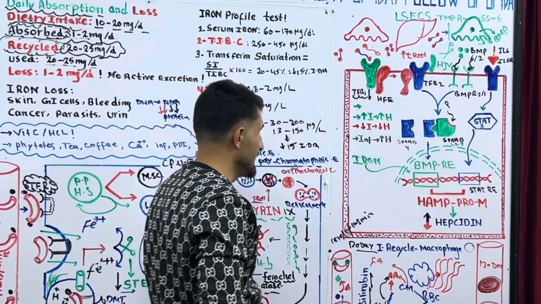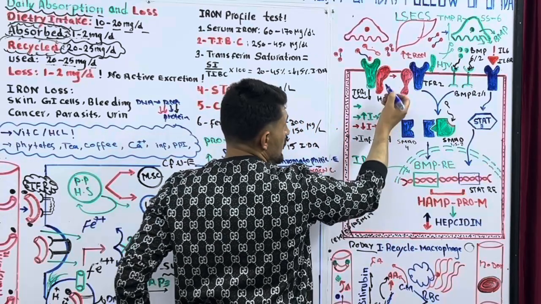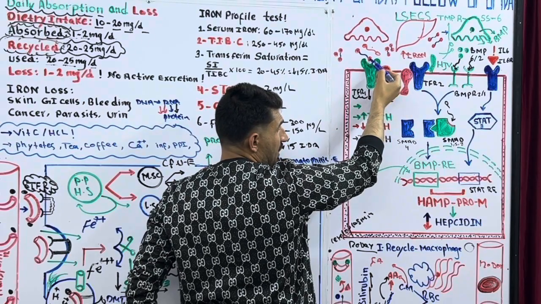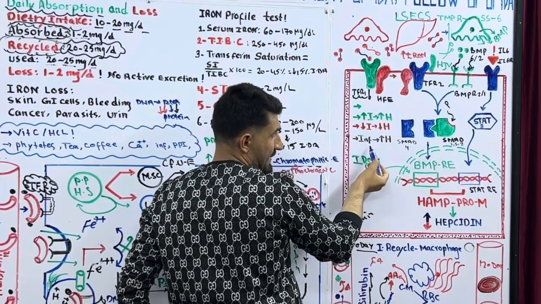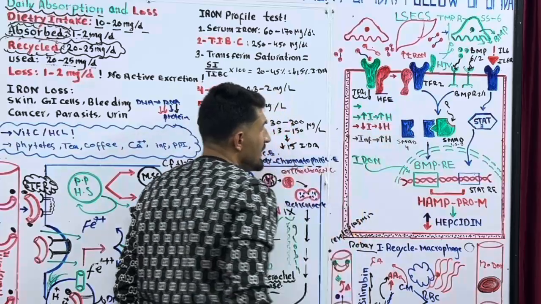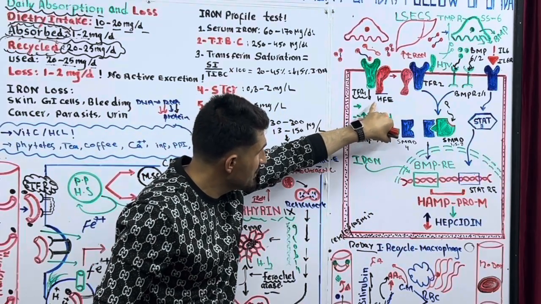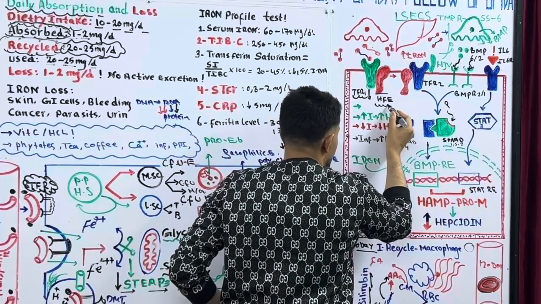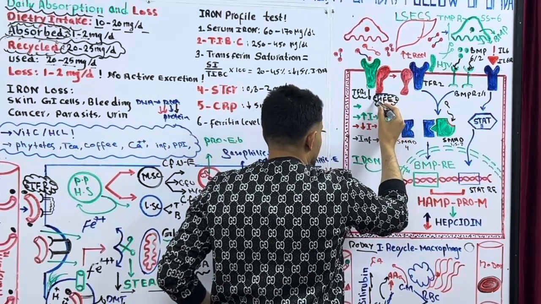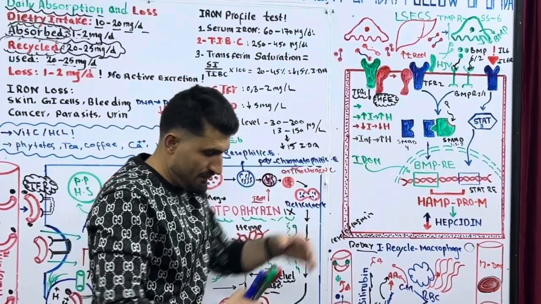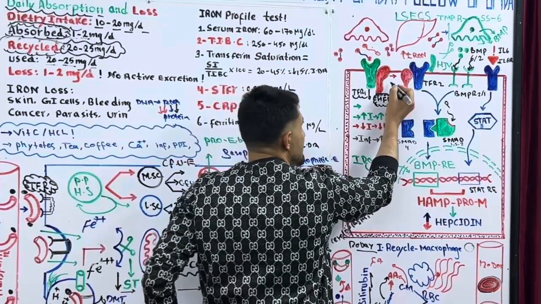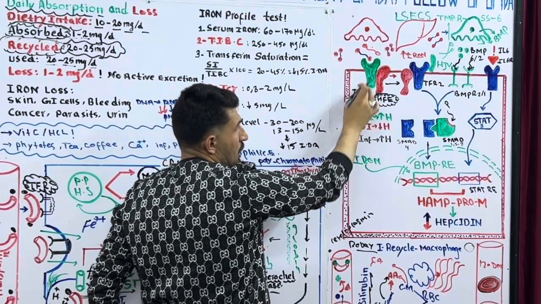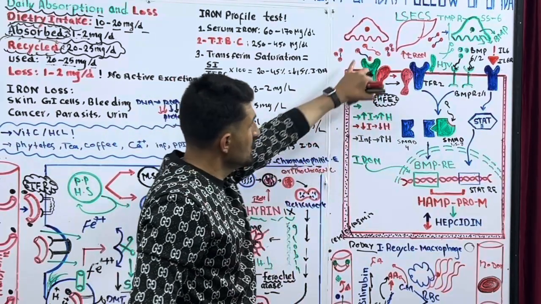Okay, now this is one point. Point number two: when we stimulate transferrin receptor 1, iron is going from the outside of the cell to the inside of the cell. Plus, near the transferrin type 1 receptor, we have another protein which is called HFE. This HFE is dissociated from the transferrin type 1 receptor when it is binding to the iron.